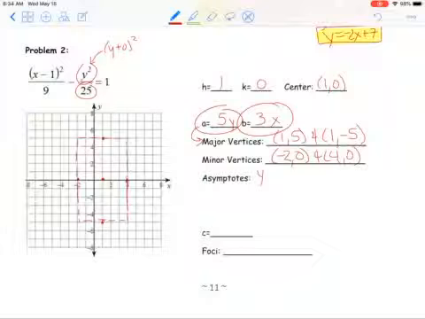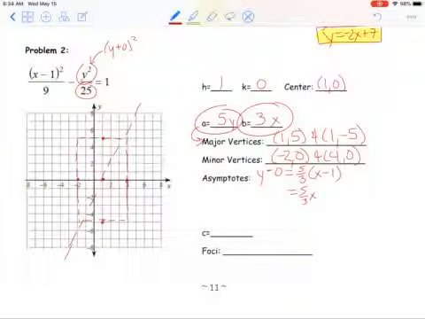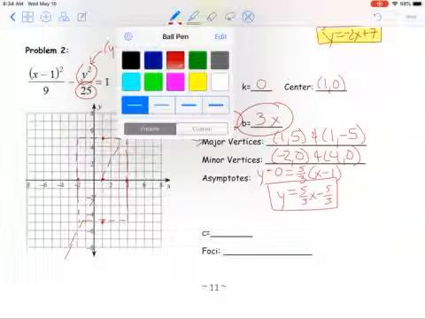So y minus k equals the slope, which the slope here of this line is going to be, let me extend that all the way, it's going to be up 5 and over 3, x minus h. So I get 5/3 x minus 5/3 as my first one.